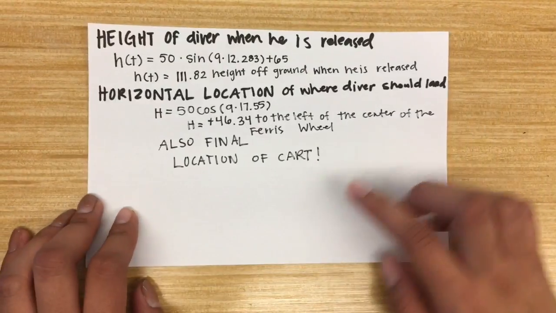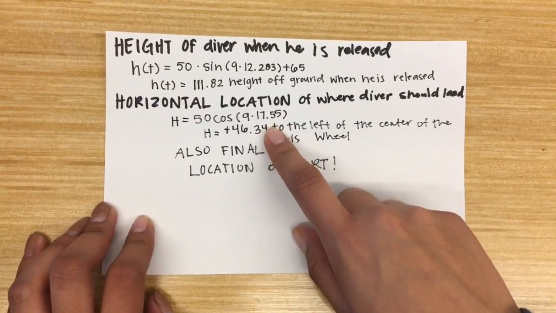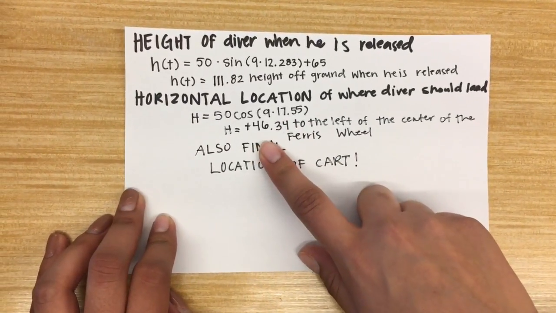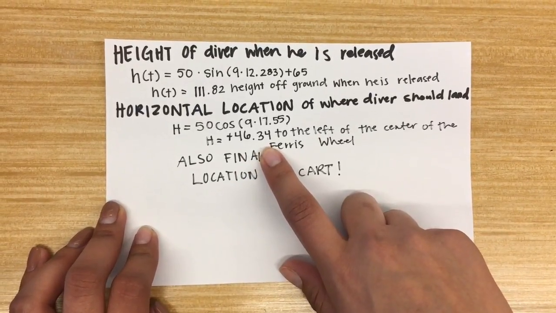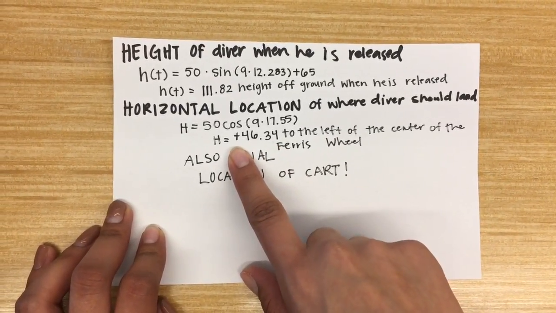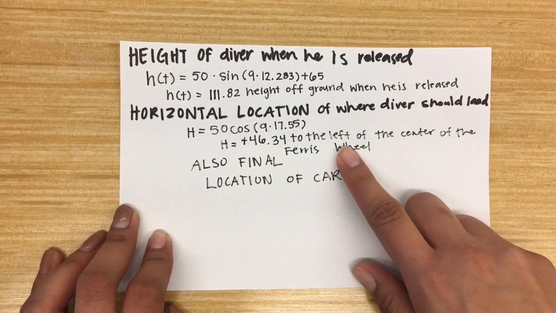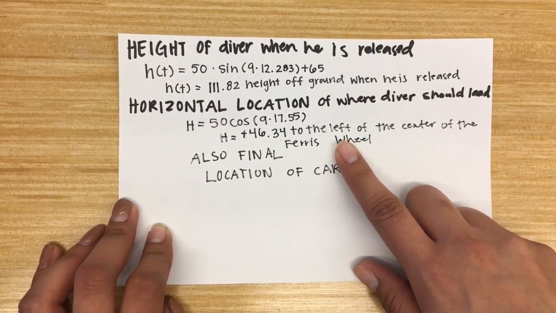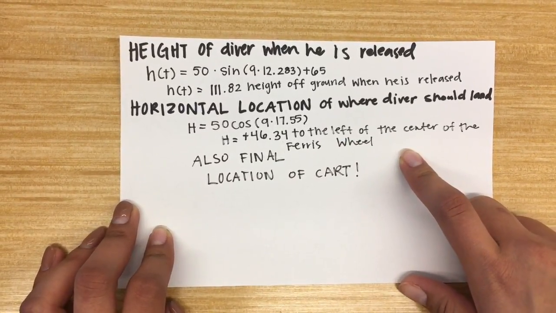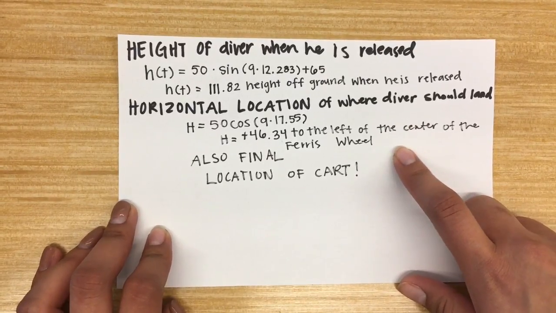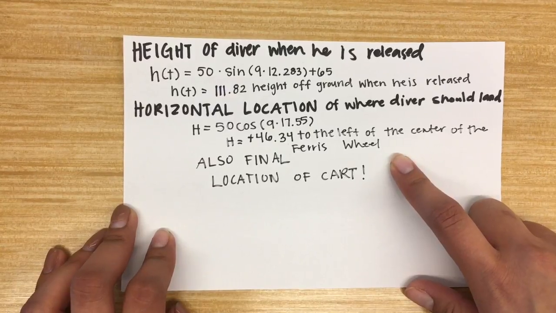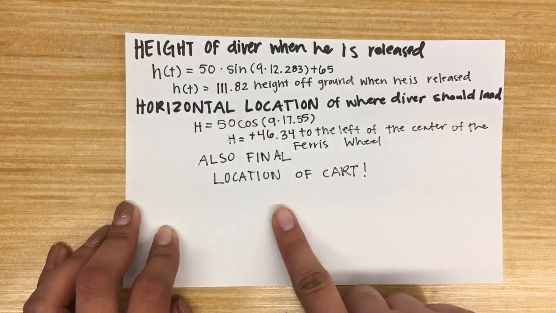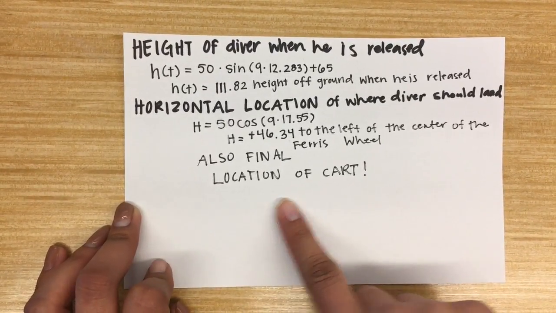We use that number in this equation to find the final location, which is 46.34, which is negative, but we can turn it into a positive just by looking at the location of the Ferris wheel. So it's just 46.34 feet to the left of the center of the Ferris wheel. And that's also the final location of the cart.